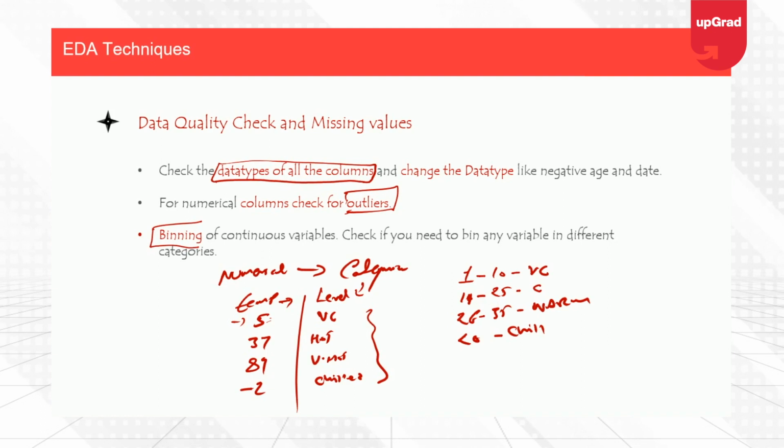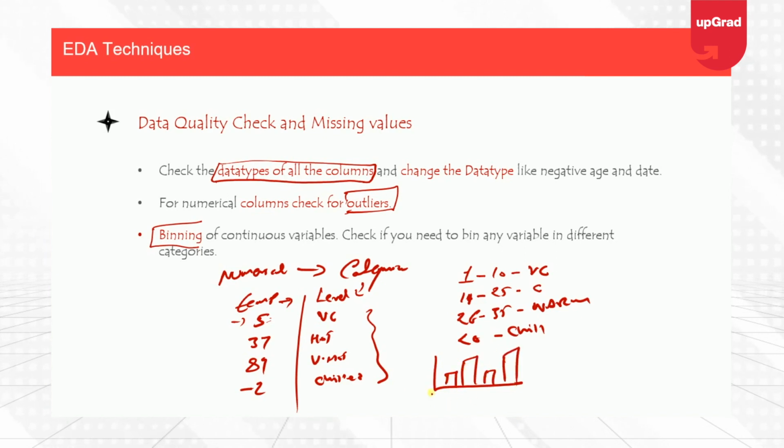So this is an example of binning, which can help us plot various information, like these are the values under the very cold, and these are the cold, and this is the hot, and this is the extreme cold. So this is how we can gain more insights. This is how we can produce the information which is simplified and easy to understand.